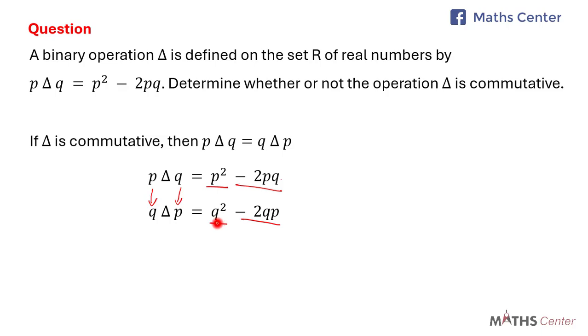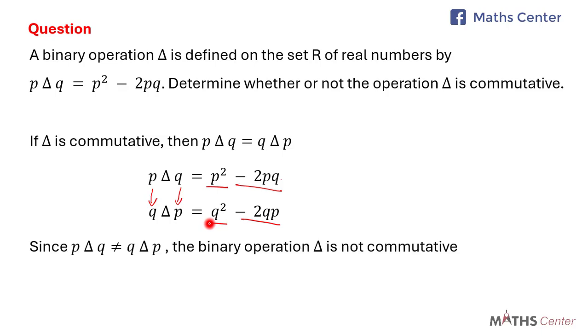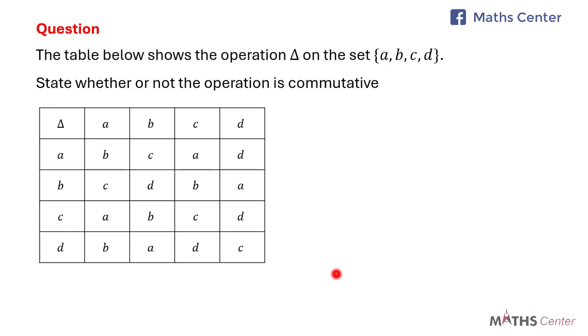P squared is not the same as Q squared. So here, P delta Q is not equal to Q delta P. And so, since P delta Q is not equal to Q delta P, the binary operation delta is not commutative. Let's consider the next question on the commutative property.